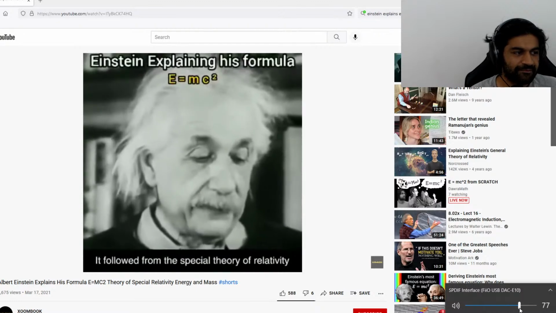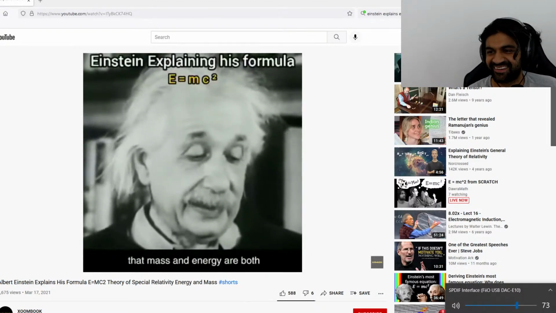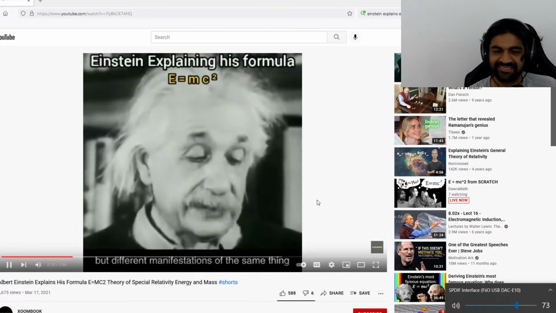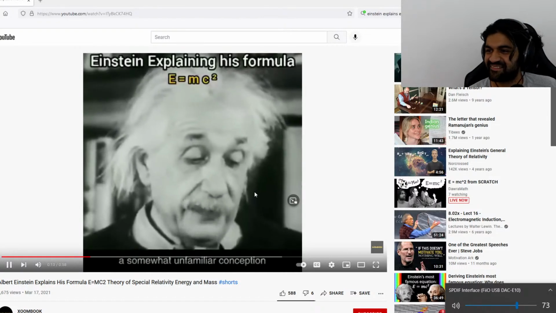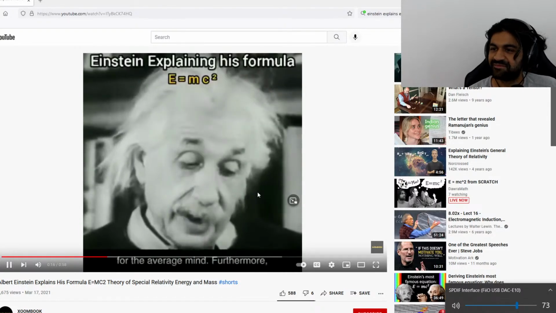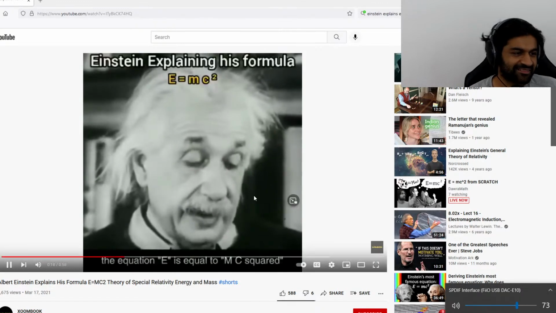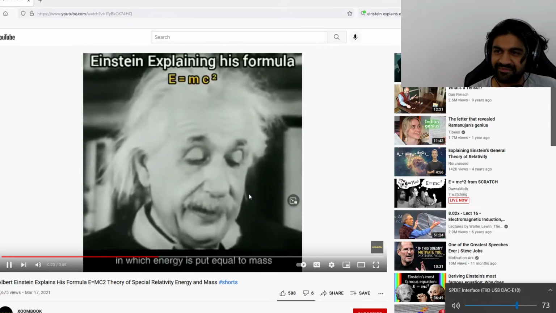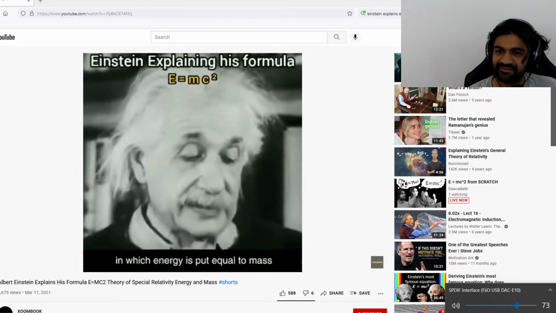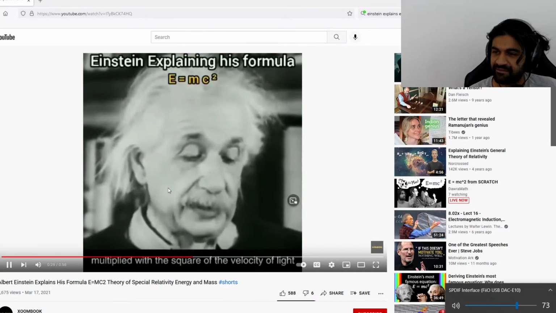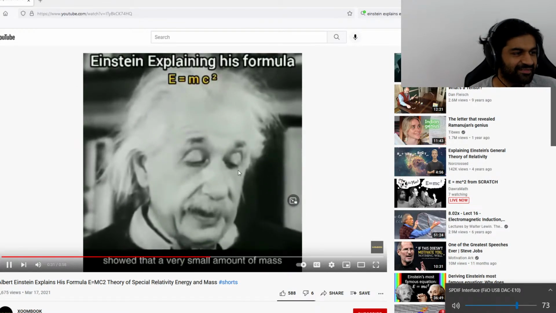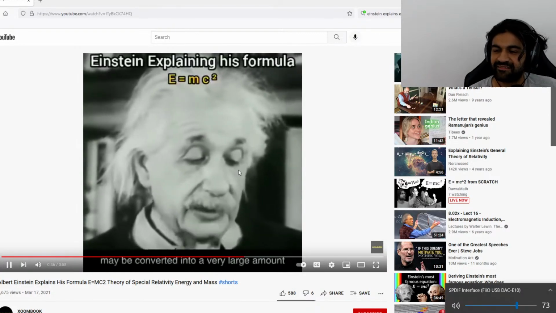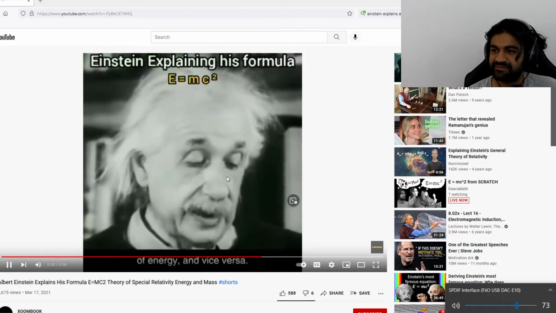From the special theory of relativity, that mass and energy are but different manifestations of the same thing, a somewhat unfamiliar conception for the average mind. Furthermore, the equation E is equal to mc squared, in which energy is equal to mass multiplied with the square of the velocity of light, showed that a very small amount of mass may be converted into a very large amount of energy, and vice versa.